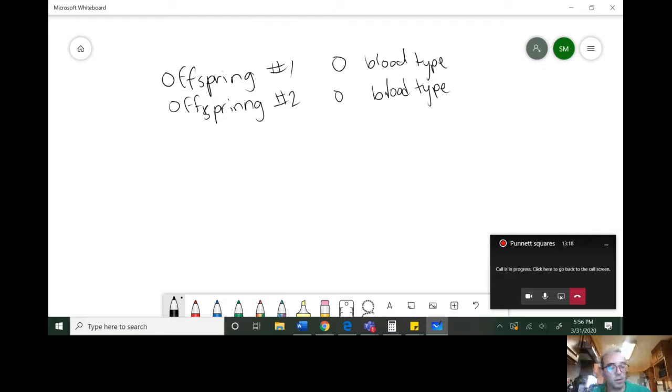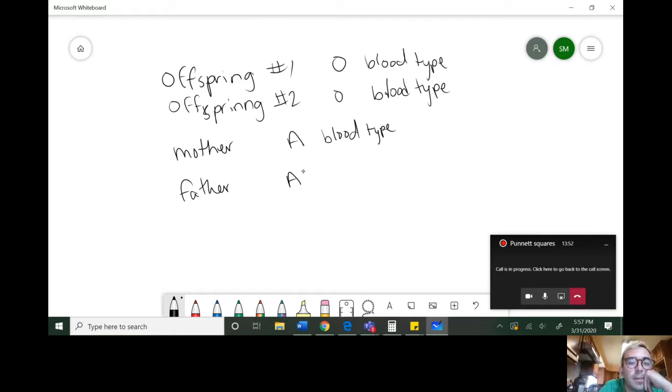And the mother was doing a paternity test to figure out if the father was the father of the offspring. And so we know the mother's blood type to be type A, and we know that the father's blood type is type AB.